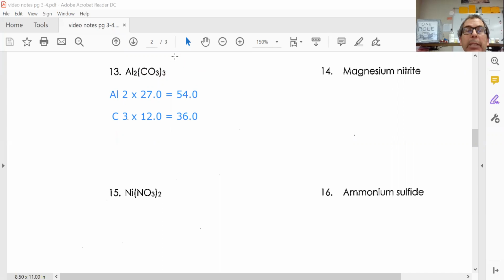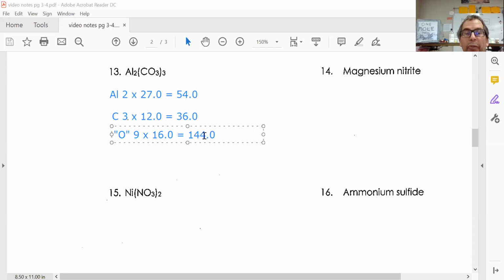So that's going to be my last piece I'm going to do, and I'm going to put O. You'll probably see on my key, a lot of times I put O in quotes because it looks like a 0. And I'm going to say that's going to be 9 times 16.0, which equals, let's see, 10 times 16 is 160, minus 16, I think 144.